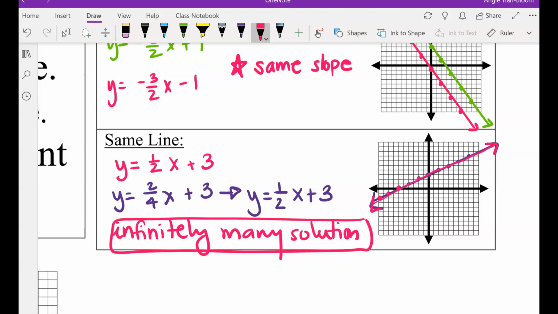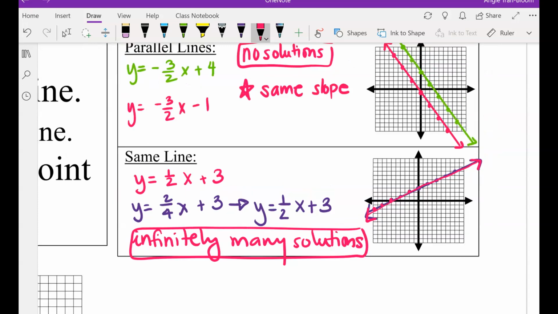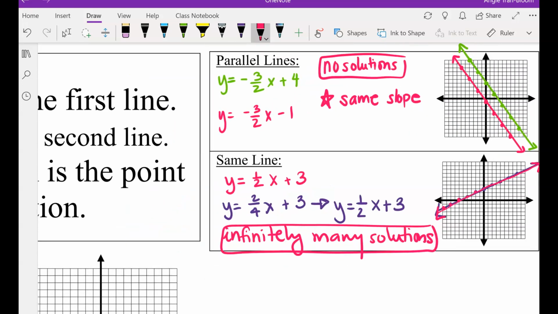So when two lines are exactly the same, there are infinitely many solutions. And when two lines are parallel, there are no solutions. The rest of the time, guys, how many answers should you have? One. All right, let's practice the first example here. Go ahead and graph line 1, graph line 2.